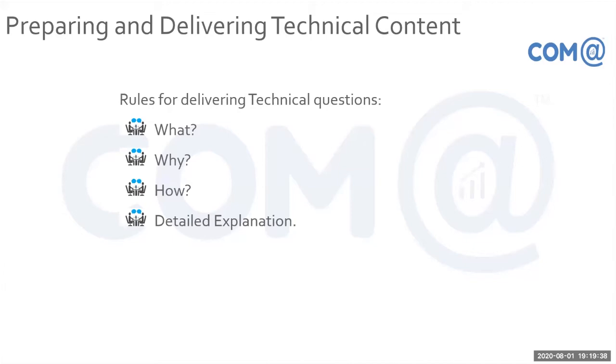You need to give the complete explanation, and also explain all other information related to the questioned topic. And one more important thing: you should not complete your answer before the interviewer asks you to stop.